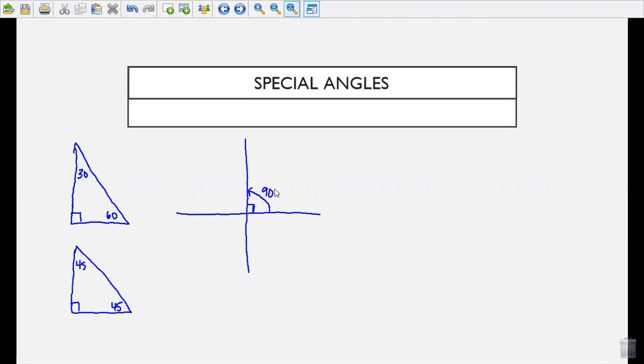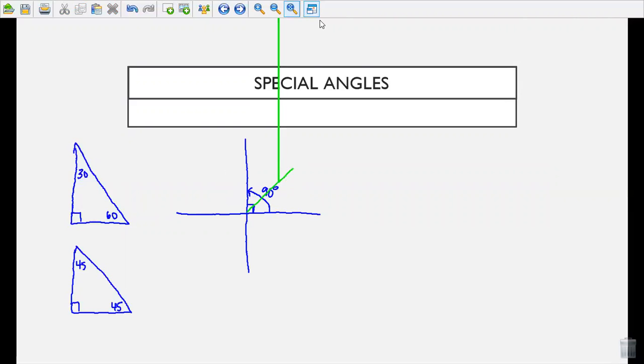Each quadrant is 90 degrees, so we're only going to look at quadrant one, because it repeats itself for each quadrant.